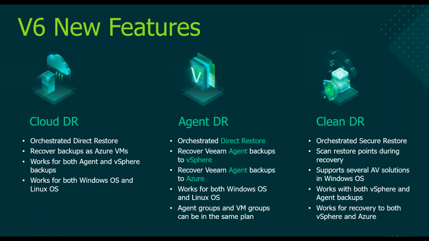Features such as cloud DR allow you to restore a virtual machine or workload protected by Veeam agent directly into Microsoft Azure or AWS, right? In the event your physical data center or your physical hardware is unavailable, Orchestrator can automatically recover your physical agent workload directly into a vSphere VM if you wish, right?